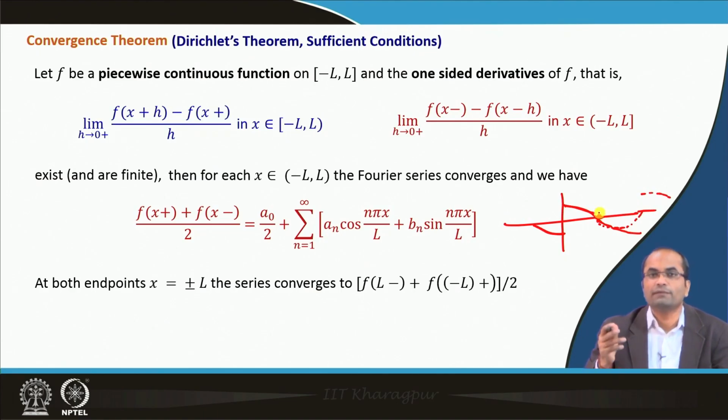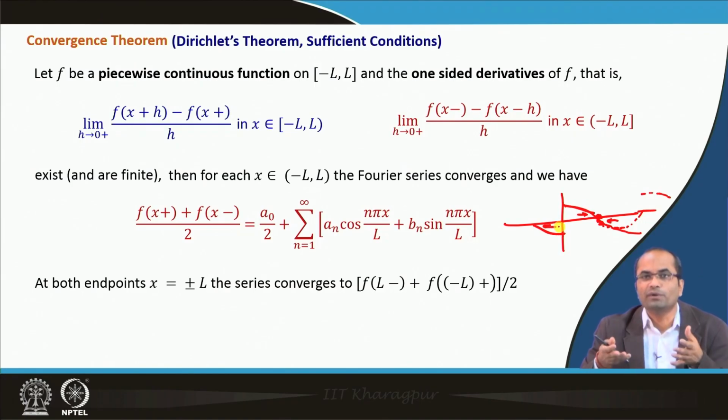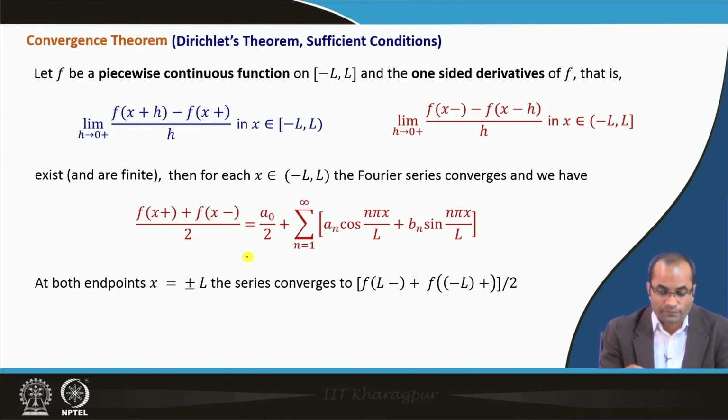Therefore, at these end points we are talking about one limit, the left limit from this end and then the right limit from the other end. So, it is again the average value at the end points as well, if we consider the periodicity of the function.